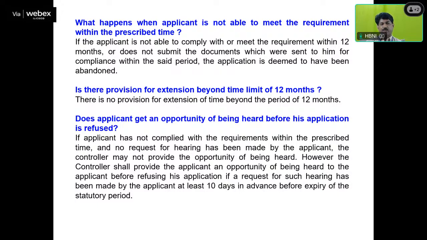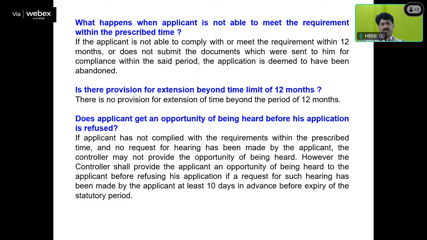Does the applicant get an opportunity of being heard before his application is refused? Yes, that is possible. If the applicant has not complied with the requirements within that 1 year period and no request for hearing has been made by the applicant, then the controller may not provide the opportunity of being heard. So if the patentee does not apply for a hearing, it will be abandoned.